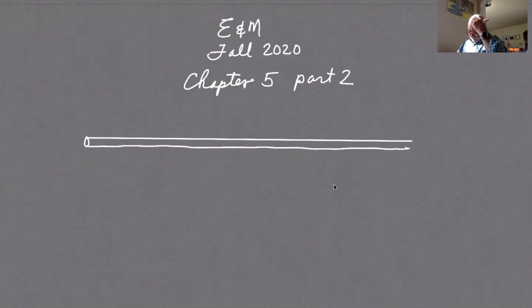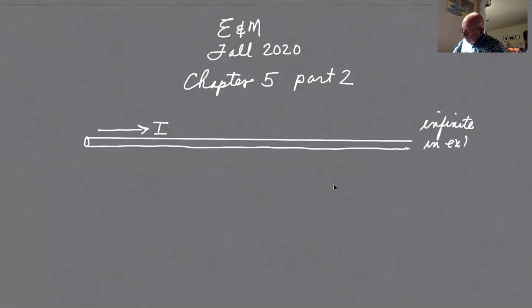Okay, it looks better. It looks like a human drew it. It's going to have a steady current, left to right, and it's going to be infinite in extent.